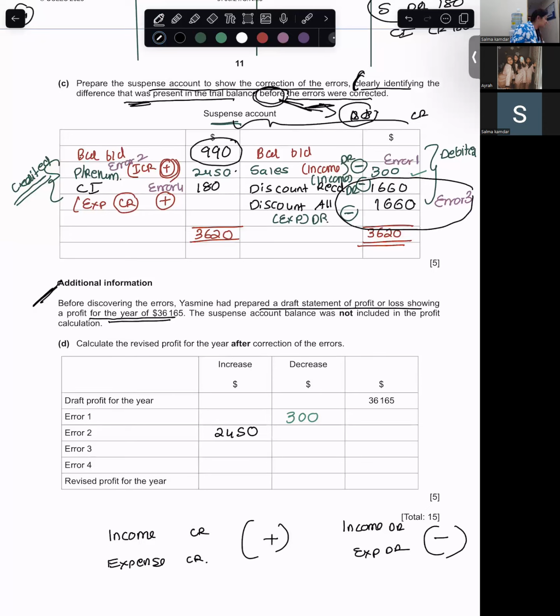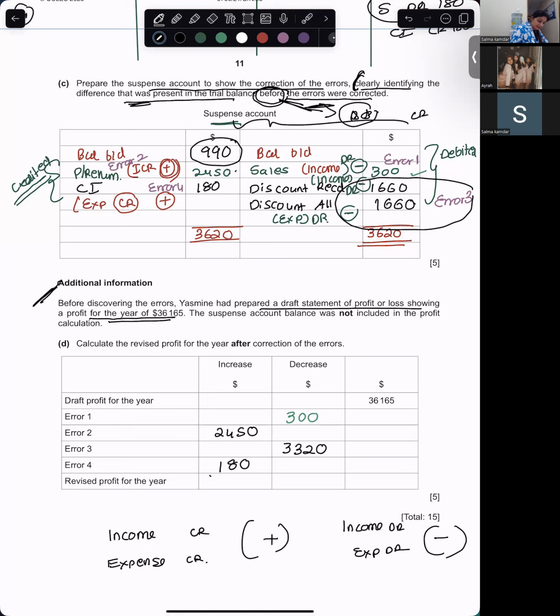Error 3 is 1660 plus 1660, so this is going to be subtracted. And error 4 is 180. 180 will be added.